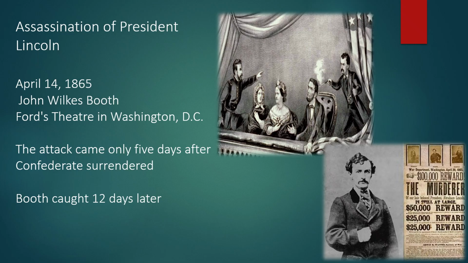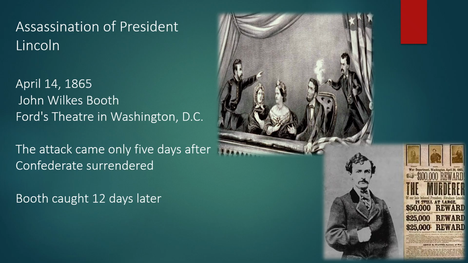So while Lincoln is attending a play at Ford's Theater in Washington, D.C., he's attacked and he's shot. And the attack occurs just 5 days after General Robert E. Lee for the Confederacy surrenders at the Appomattox Courthouse. So this signals the end of the war.